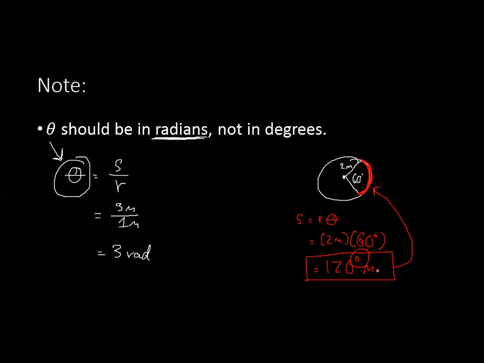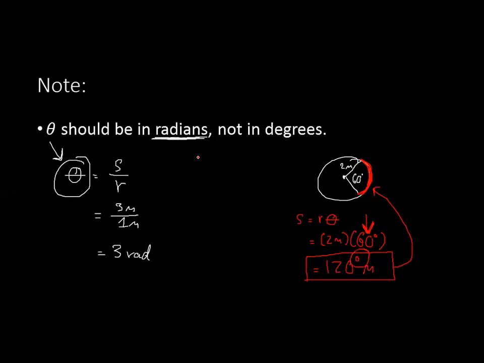So what we're going to do is convert this angle into radians. Now, we know the first reason why theta should be in radians.